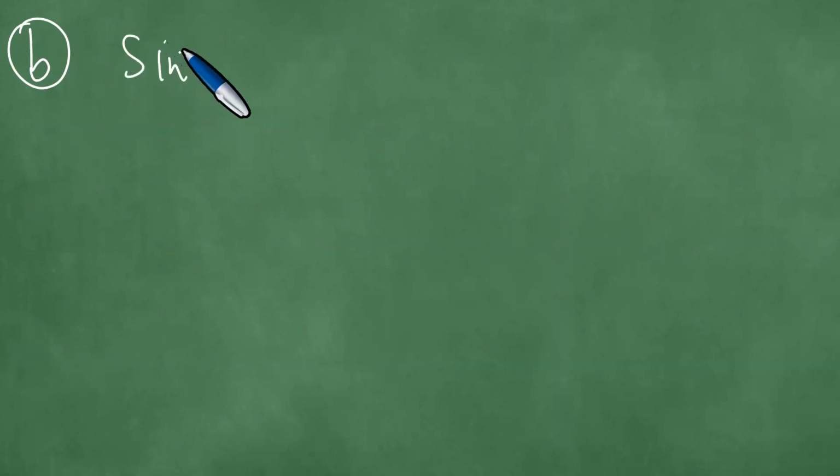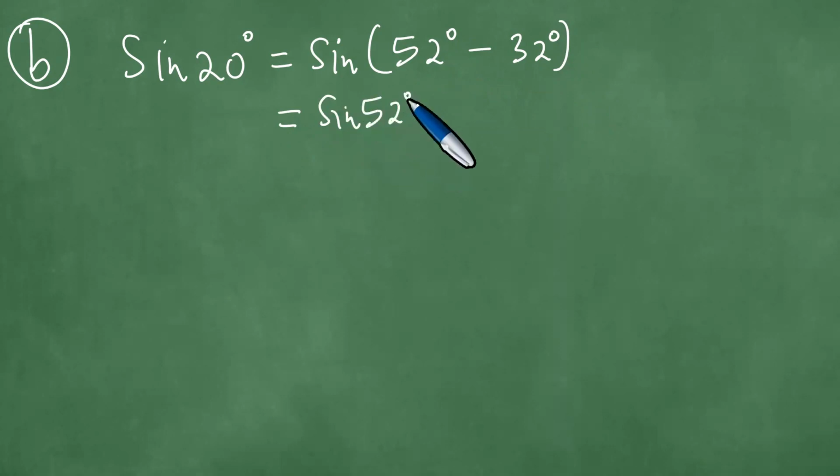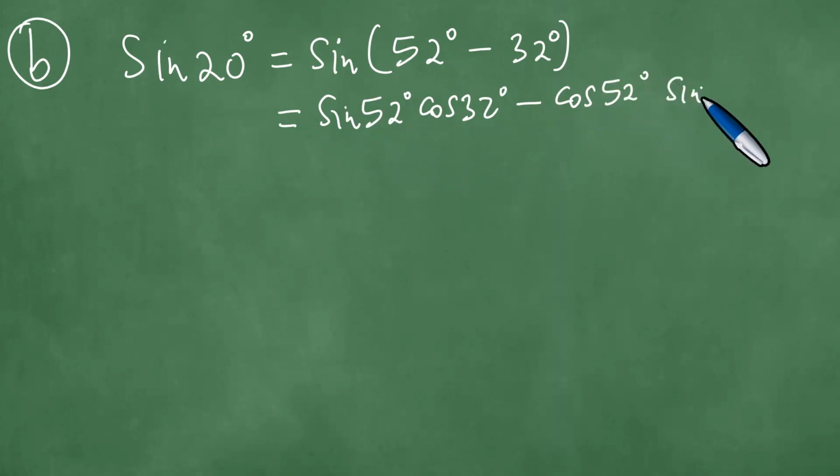We can write the sine of 20 degrees as the sine of 52 degrees minus 32 degrees. This is exactly the same as the sine of 52 degrees cosine 32 degrees minus cosine 52 degrees sine of 32 degrees.